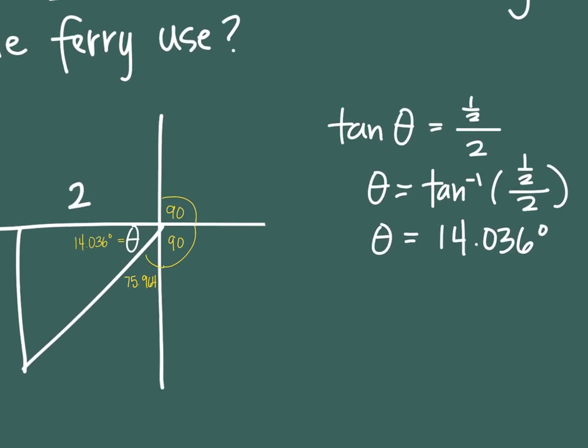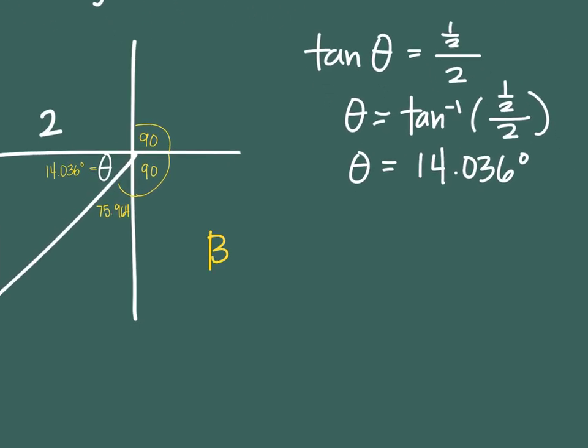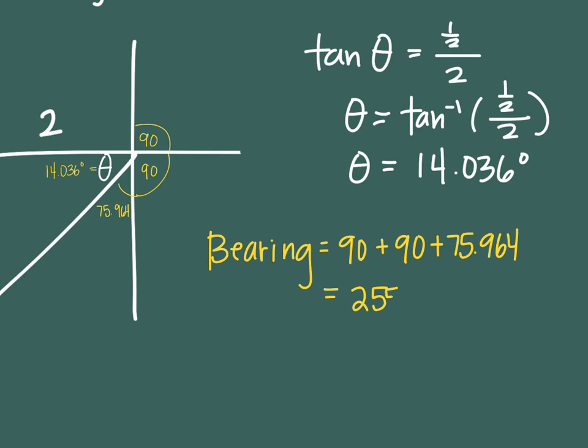That's the answer for theta, but the answer for bearing is going to be 90 plus 90 plus 75.964, which altogether is a bearing of 255.964 degrees. So that's the only little wrinkle: when you answer a bearing question, you can't just stop with theta. You have to add up all the degrees that lead up to that.